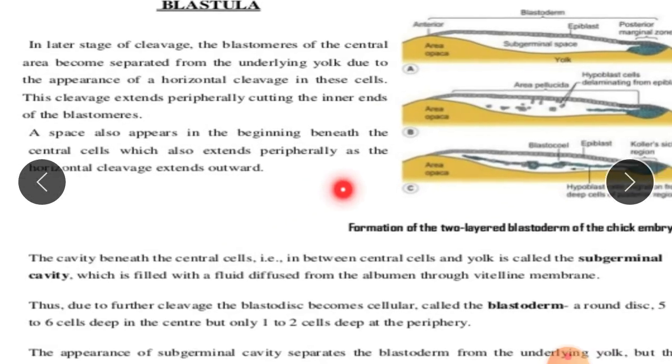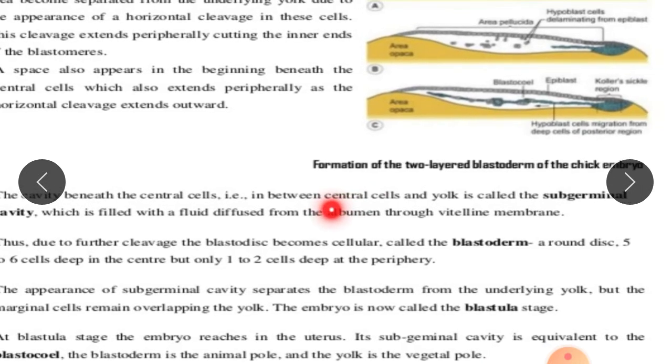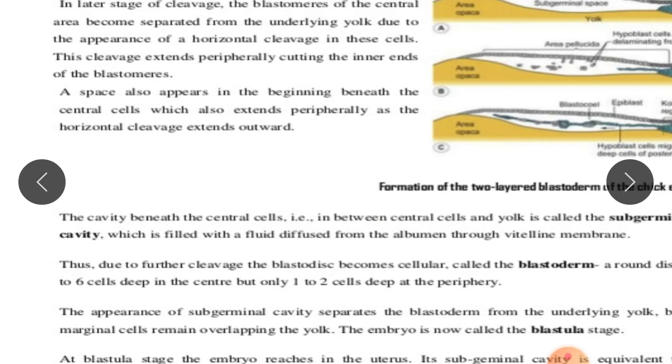Next, the cavity beneath the central cells, in between the central cells and the yolk, is called the subgerminal cavity, which is filled with fluid diffused from the albumen through the vitelline membrane. The albumen is outside, and from the albumen the fluid is diffused into the cavity.